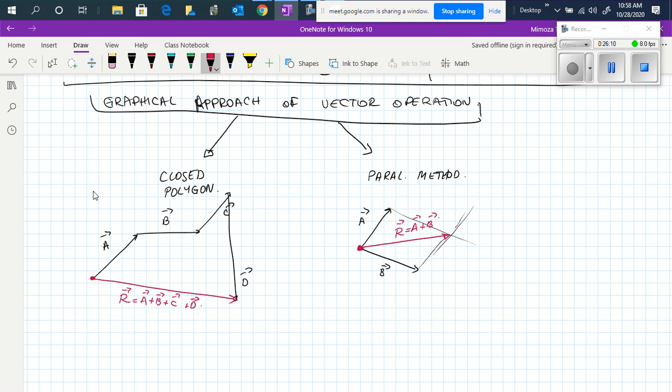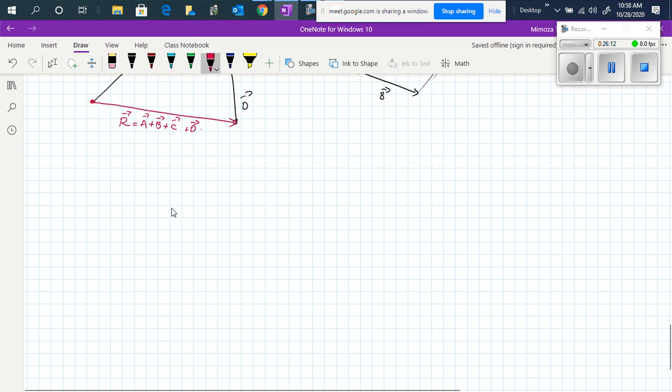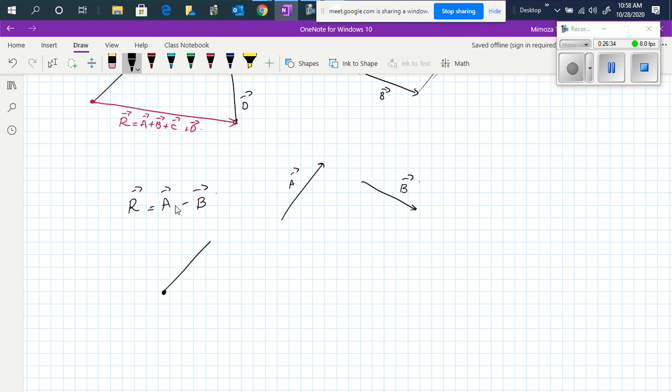When we have to subtract a vector, so if we have vector A minus vector B, and let's suppose that this is vector A and this is vector B, what we do is we start at a point and then we bring vector A first.